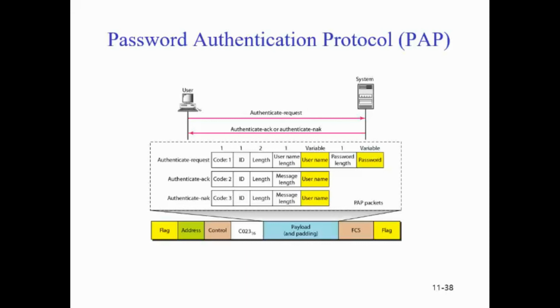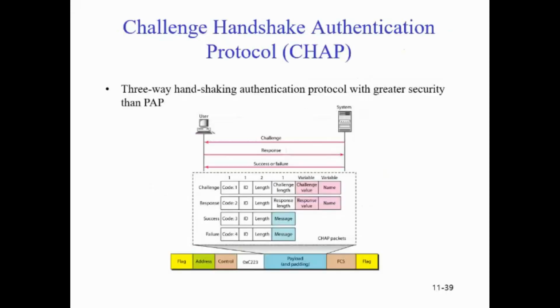The first packet is used by the user to send the username and password. The second is used by the system to allow access, and the third is used by the system to deny the access.